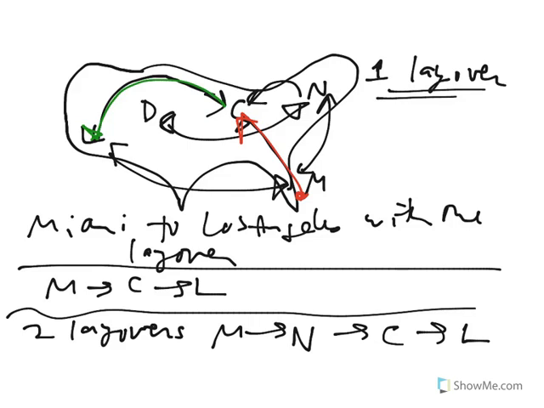So I can do it with two layovers. There are other ways. For instance, I could go from Miami to New York, back to Miami, and then to Los Angeles. That might seem like a pretty pointless thing to do, but if it saves you a lot of money, maybe that is a good thing to do.